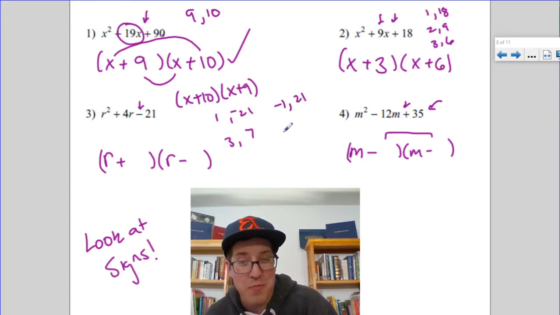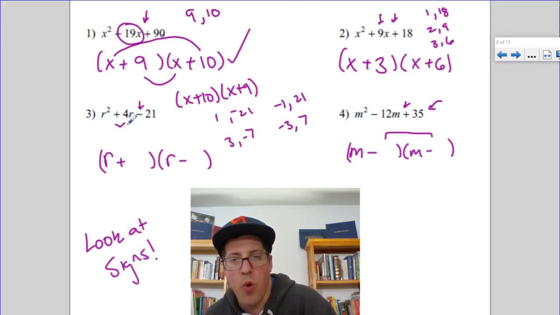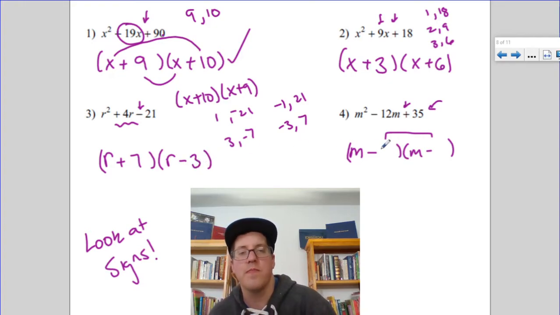So twice as many options. 3 and negative 7, or negative 3 and 7. Out of all of these options, which add to make 4? Well, positive 7 and negative 3. So it'd be r plus 7 and r minus 3.